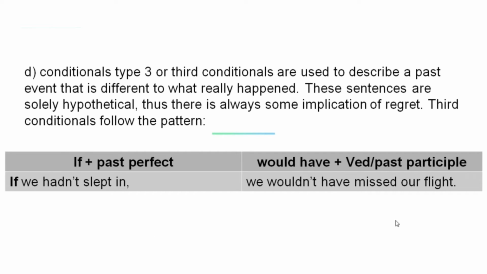Have a look at the example below. If we hadn't slept in, we wouldn't have missed our flights. Now this sentence is used to describe a past event that is different from what really happened. And note that there is an implication of regret.